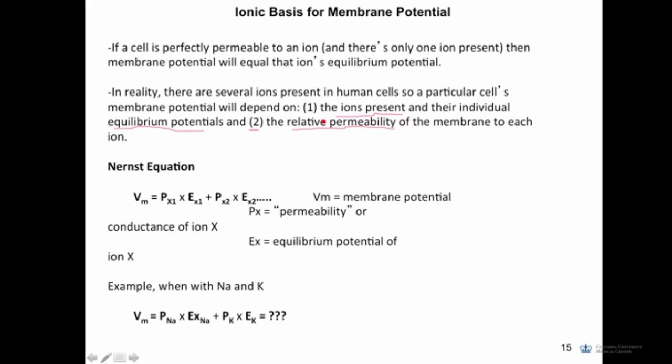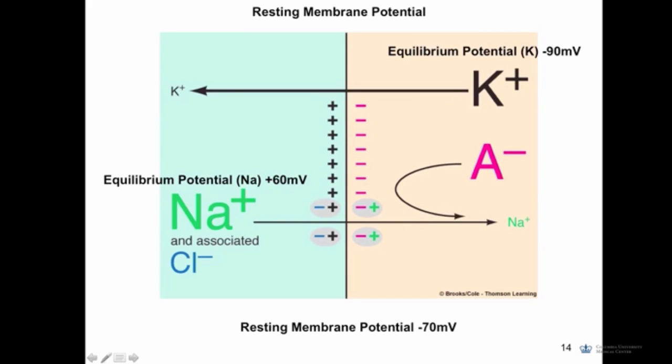So if we go back to this slide, what this means is potassium wants the cell to be minus 90, sodium wants the cell to be positive 60, but whichever ion the membrane is most permeable to at rest will be able to pull the membrane potential closer to that ion's equilibrium potential.